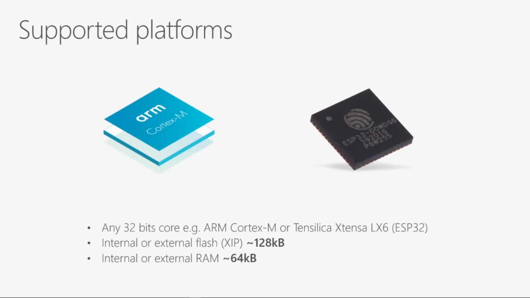But the thing is that despite you can load the libraries there, it doesn't leave you much room for the user application. So unless you want to make something very small with very few functionalities, it's not interesting to use a device with less than these numbers here.